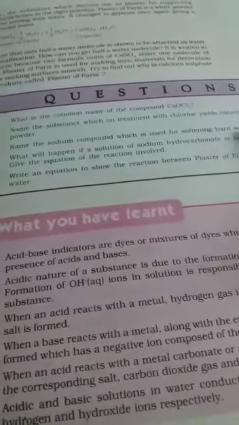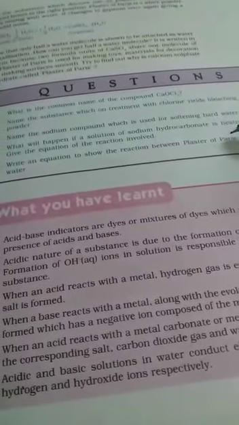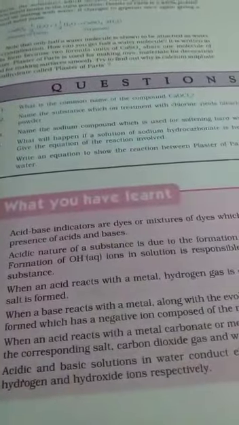Name the sodium compound which is used for softening hard water. It is washing soda. Write washing soda and then write decahydrated sodium carbonate. Next question: what will happen if the solution of sodium carbonate is heated?